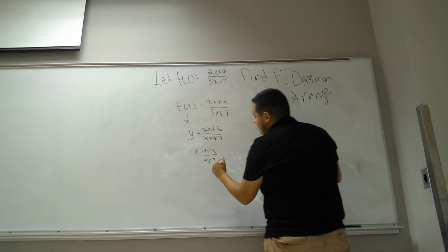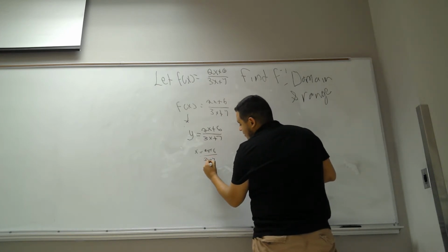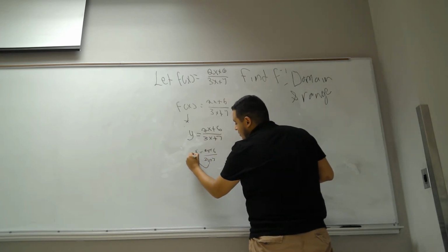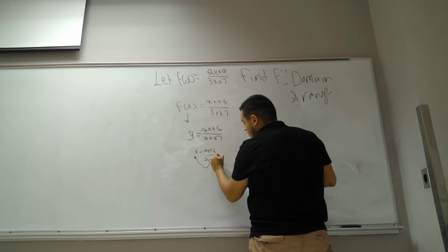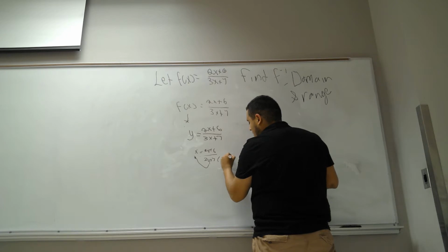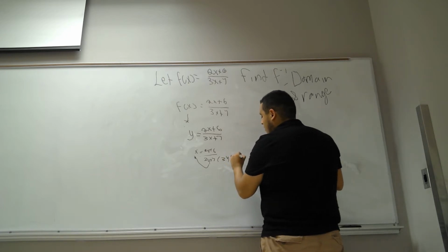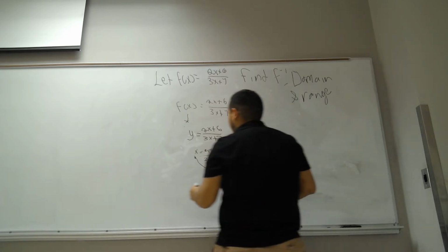To start off, you're going to want to get this out of the denominator. So to do this, you're going to multiply by 3y plus 7, and you want to do that on the other side as well.